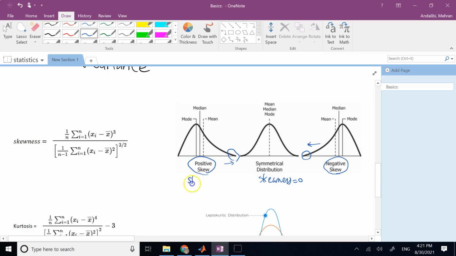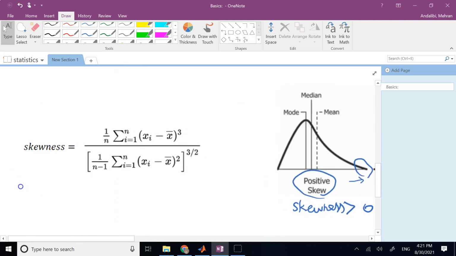Here that number is positive, and here that number is negative. But how do we measure that mathematically? If I give you a vector, an array, a sample, and this is like the histogram of it, of course a smooth version of it, a distribution, then how would you give me a skewness?